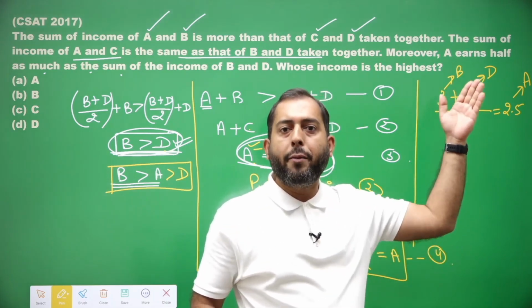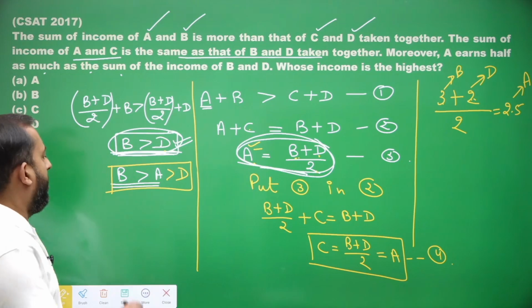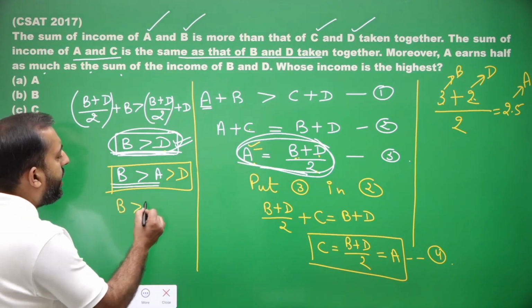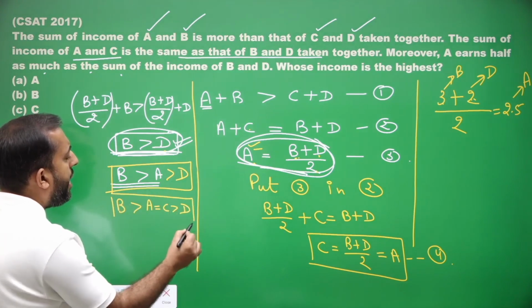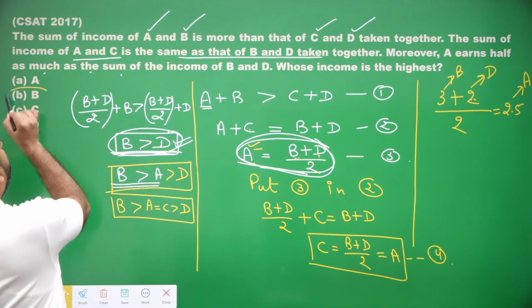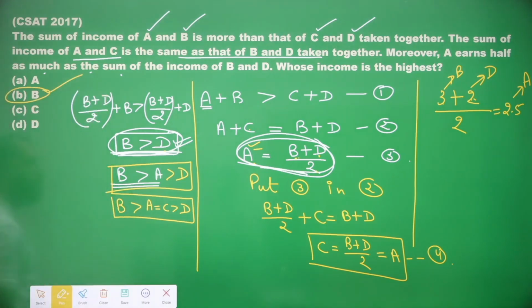So if we compare B, D and A, B is the greatest and D is the smallest. Now we know one more point, that A and C both were equal. So out of B, A, C and D, the value of B is highest. Please make a note of it.